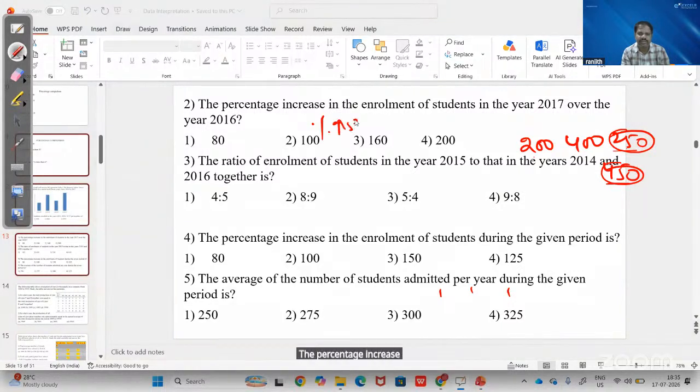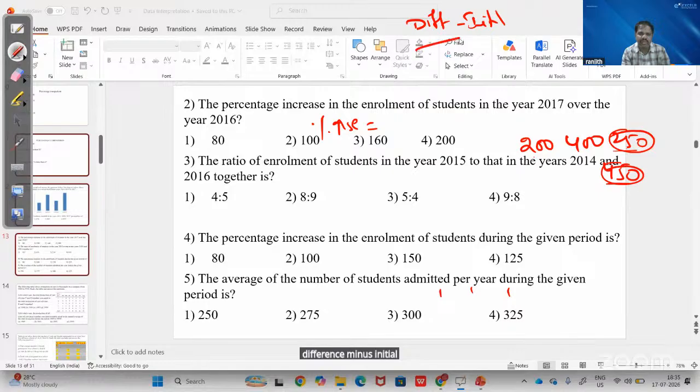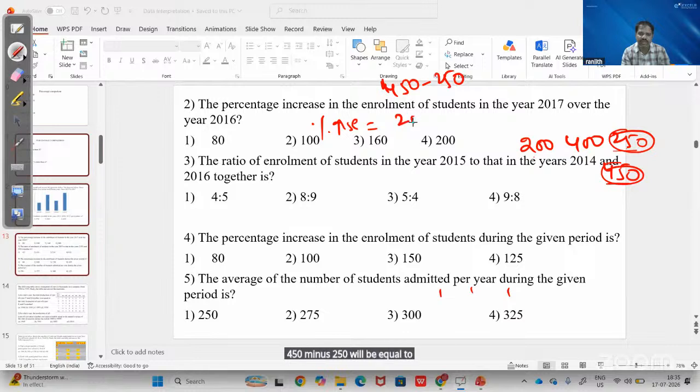We know the formula: percentage increase is the difference, final minus initial, divided by the initial, times 100. So 450 minus 250 is 200, over the 2016 value, 250, into 100.